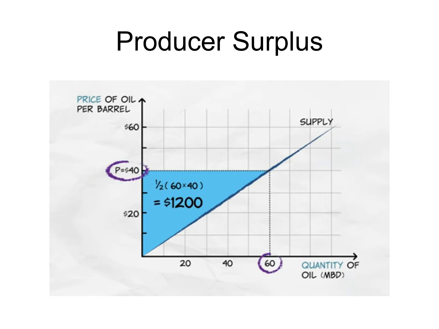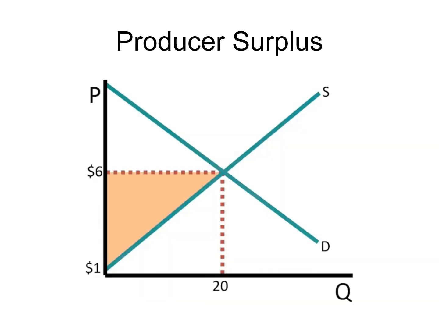Economists are interested in measuring total producer surplus, or the efficiency gains received by sellers in competitive markets, represented by the blue triangle on our oil market graph. 60 market quantity, 40 market price, 2,400, 1/2 base times height. The total producer surplus received by sellers in the oil market is 1,200.